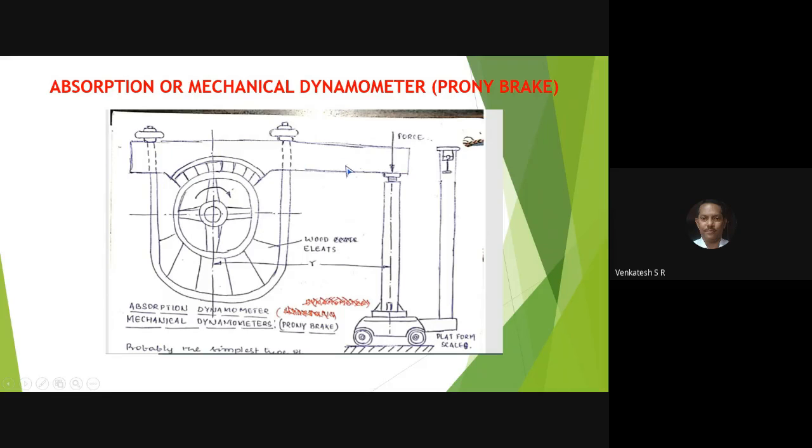This is the beam. Below that there will be wooden blocks. A good example is the brake shoe and the brake pad in the two-wheeler or in the four-wheeler. What will happen? It presses the shaft and brings the pulley or engine to standstill condition, bringing the shaft to 0 rpm, which is running at 1200 rpm.